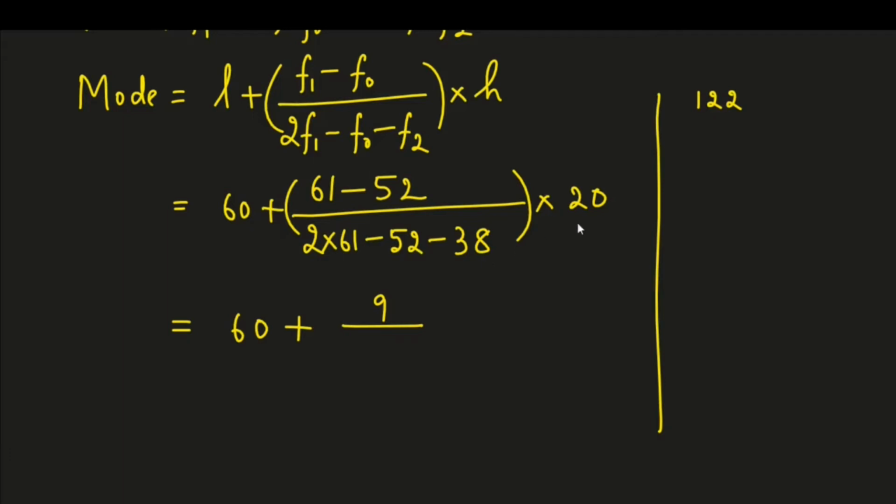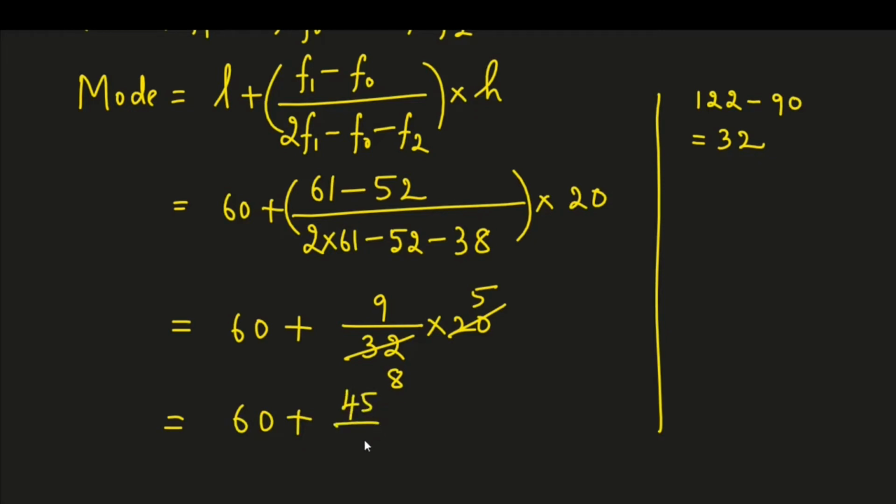So it is minus 90. 122 minus 90, it is 32. So it is 32 into 20. We can divide 20 and 32 by 4. So it is 5. Here it is 8. So 60 plus 45 by 8.